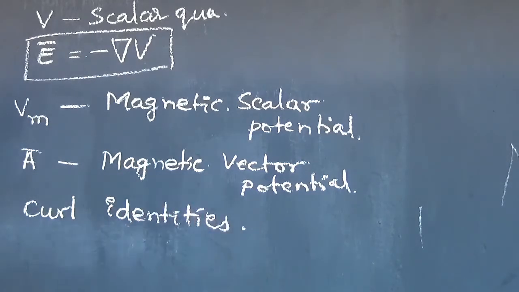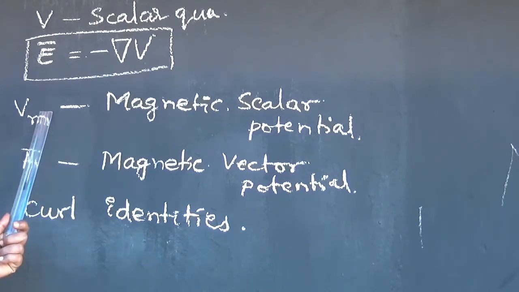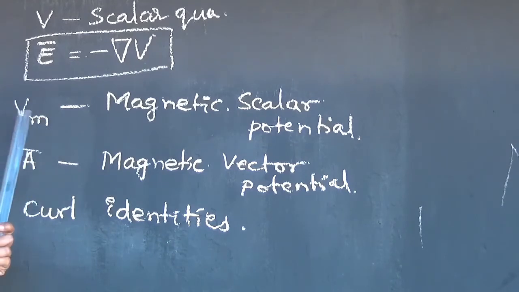We didn't have curl in our syllabus, but these two curl identities are useful to derive or to know about the characteristics of the scalar potential and the vector potential of the magnetic field.